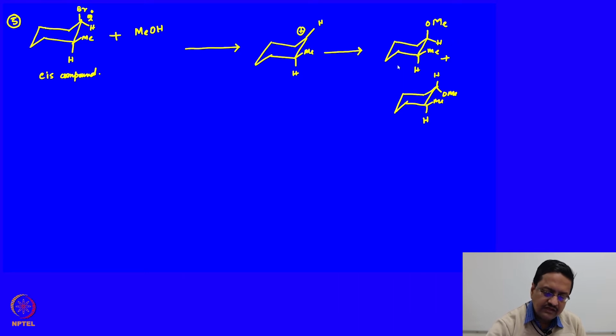Here you get a cis compound and there you get a trans compound, both are SN1 products.